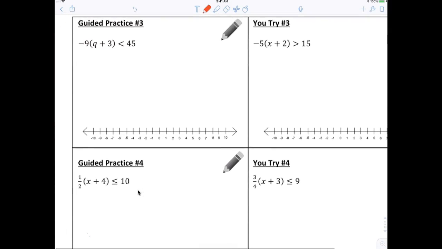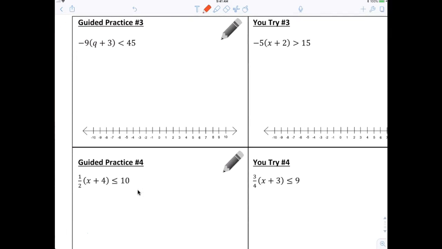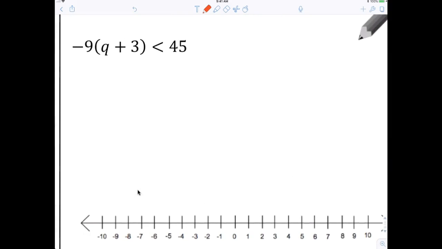Now, down here. All right, I'm going to do the first one, then I'm going to let you guys do the next three. Now, does everybody remember on this problem right here? Instead of distributing, I can just go ahead and do what? Divide, because 45 is divisible by negative 9. If you learn that, that just saves you a bunch of time. Now, when I'm dividing by a negative, what do I have to do to the sign, though?